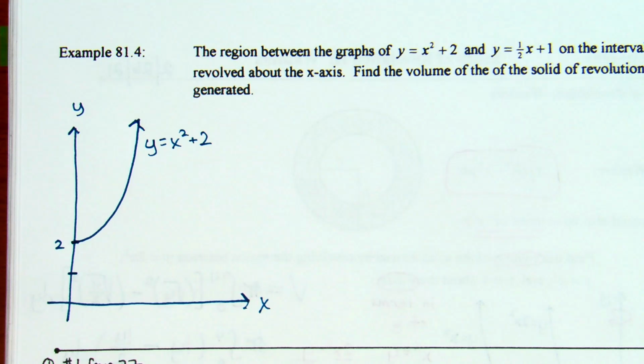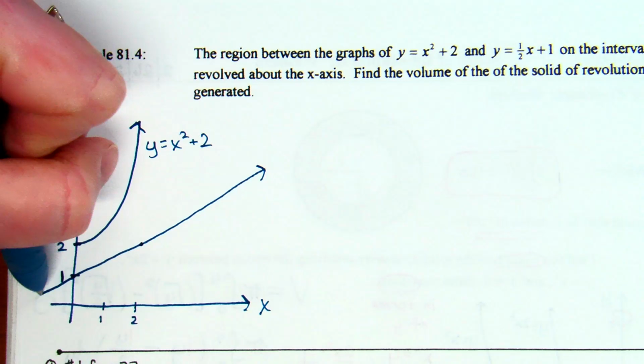Okay, so it intersects the y-axis at 1, slope of 1/2, so up 1 over 2.